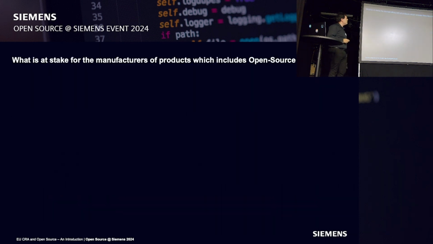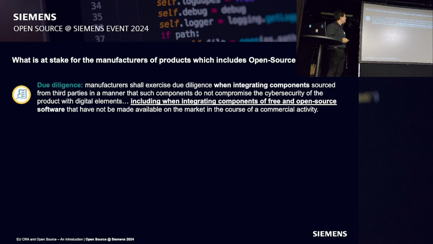So what are the consequences for open source? Let's see in general what you need to do: due diligence. Let's say you have your open source software that is then used by a manufacturer, put inside their products, and then it's their responsibility.